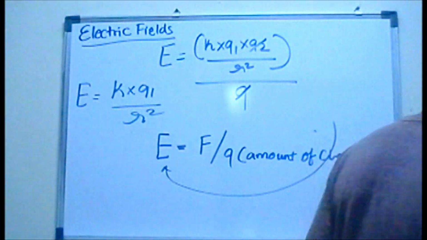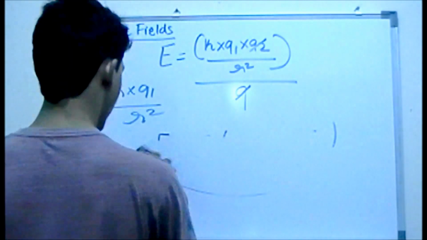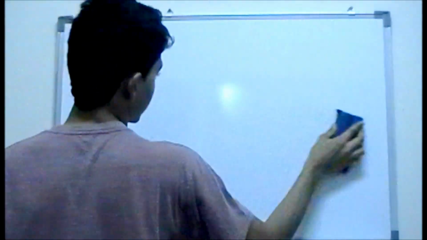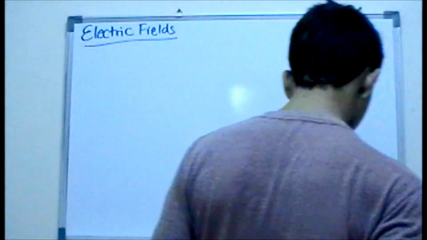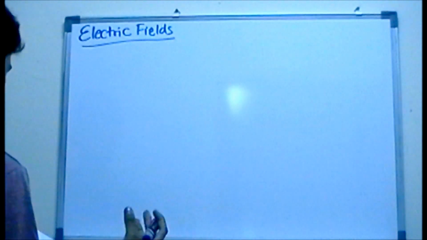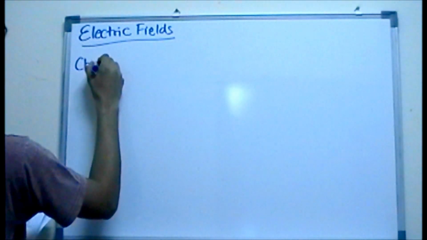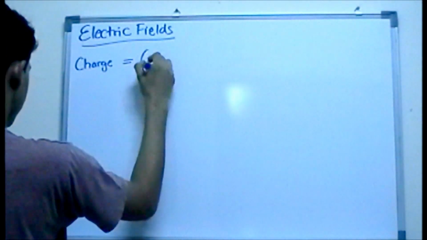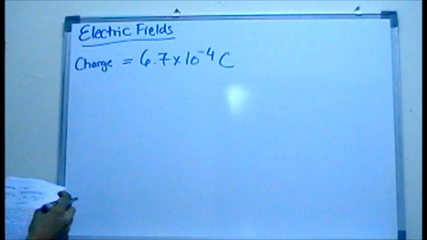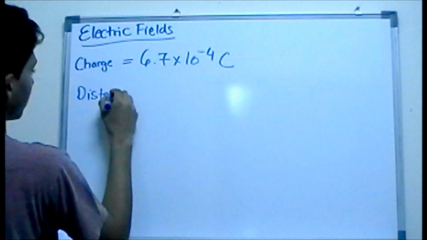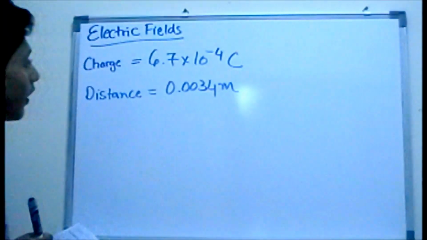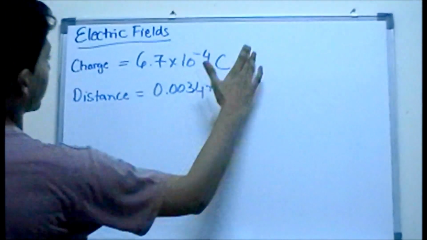The problem says that the electric field is produced by an object which has a charge of 6.7 times 10 raised to the negative fourth, and the distance given to us is 0.0034 meters. Okay, and we need to find the electric field of this.